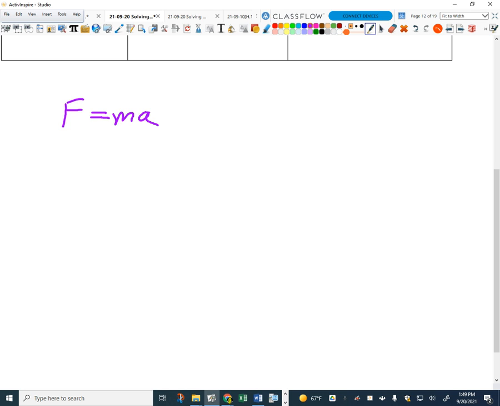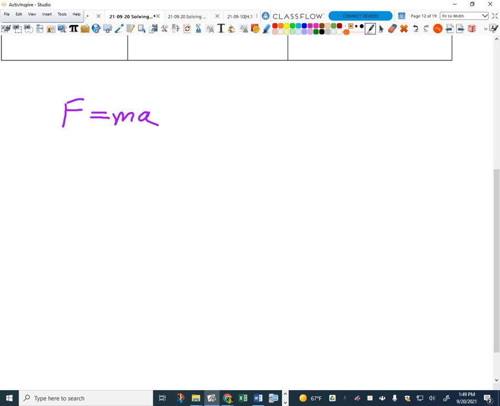So that's a valuable formula for me to use if I know M and A and I want to calculate F. But what if I want to predict the acceleration of an object if I know how much force is acting on it and I know what its mass is? What am I going to do if I want to predict A instead of F? Good, I want to get the A by itself, don't I? I want to isolate the variable that I'm looking for, is what we do in science.